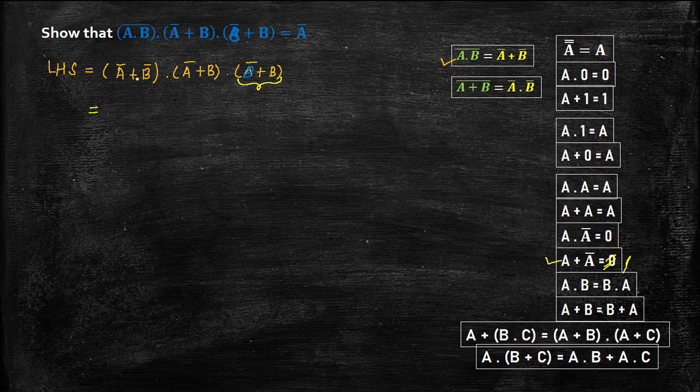Then a bar plus b bar dot a bar plus b. So again you realize that there is a dot and these two terms will be multiplied, right? So therefore you can easily get this common out of the two terms and this will be replaced by 1 in the next step. So let us go step by step. First, a bar plus b bar dot a bar plus b, and these two terms will be replaced by 1, right?